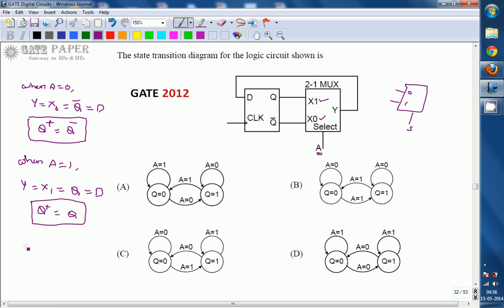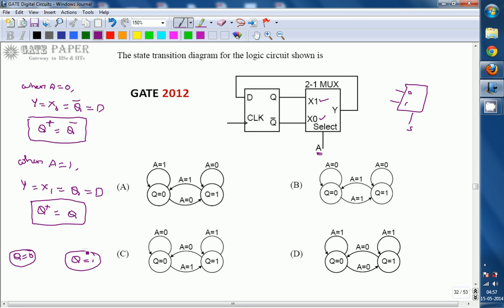With the help of this information, we can draw the state diagram. Assume the output of the flip-flop is treated as the state, so q is equal to 0 is one state and q is equal to 1 is another state. Let the present state be q equal to 0 and A equal to 0.